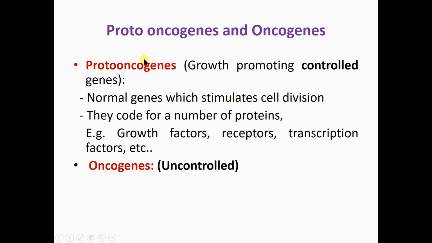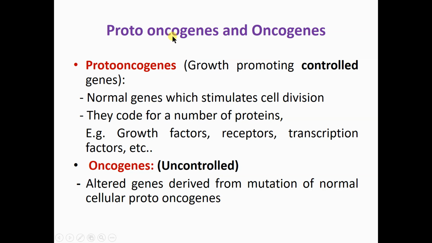Now what are oncogenes? Oncogenes are genes whose activity becomes uncontrolled, that is, not controlled by our normal genetic material. Actually, when these proto-oncogenes become mutated by any etiological factors of cancer, like viruses, chemical carcinogens, or physical carcinogens, and these convert the proto-oncogene into a mutated form, they lead to the production of oncogenes.